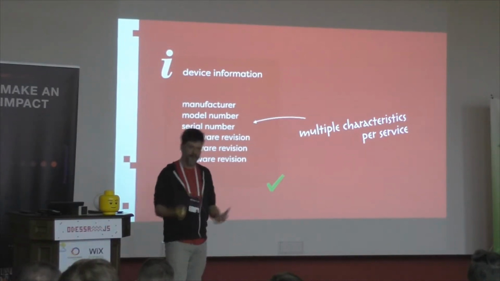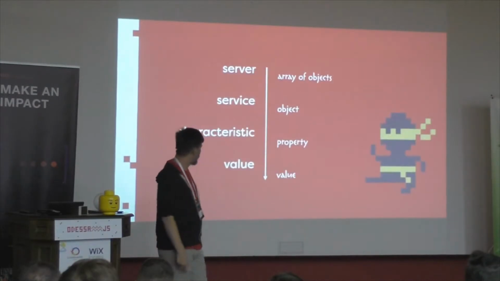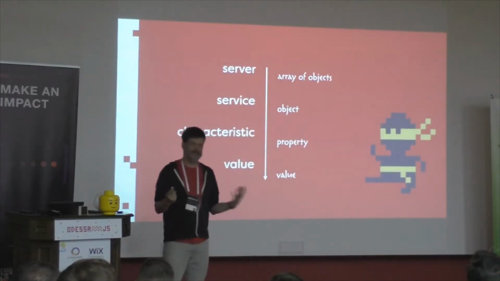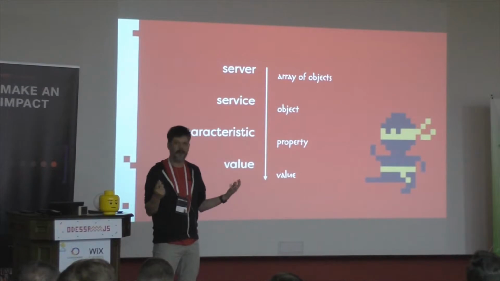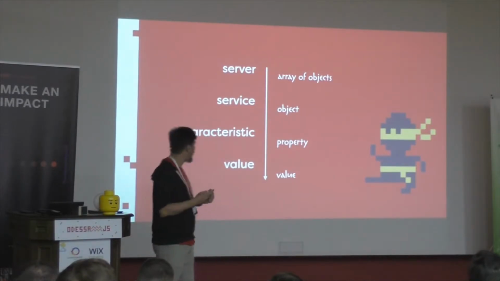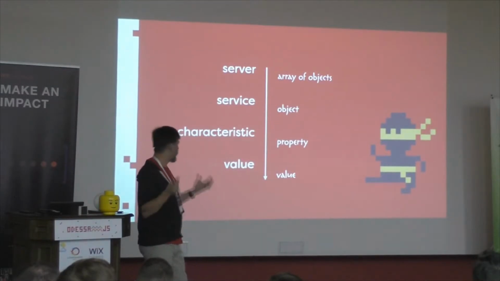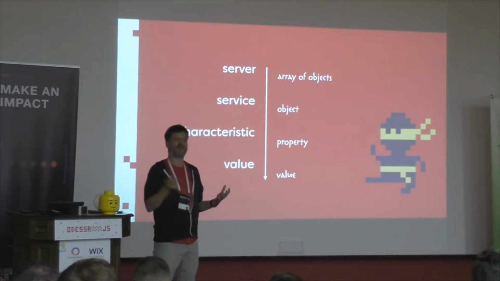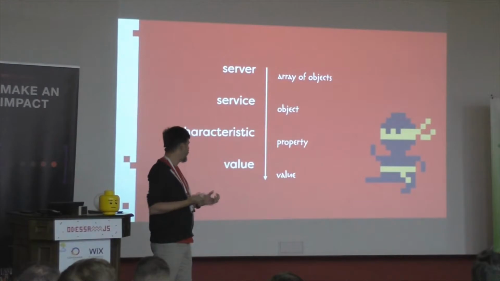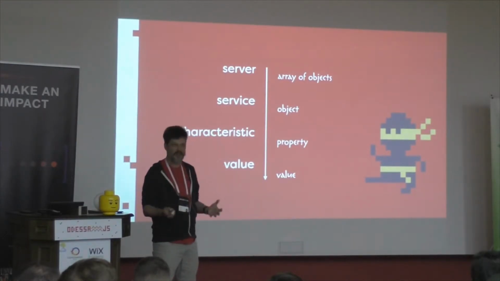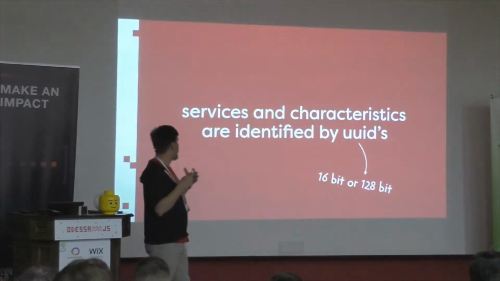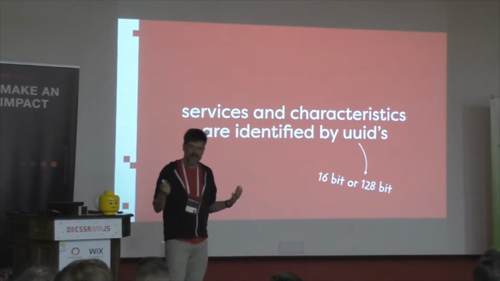And you can have multiple characteristics per service. So think of it as the server is like an array of objects, and the service is an object in that array. A characteristic is a property of that object, and those have values. And those values you can investigate.